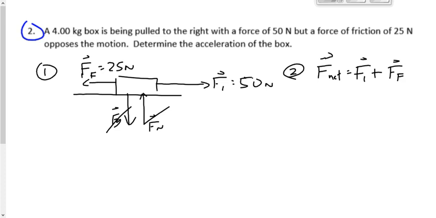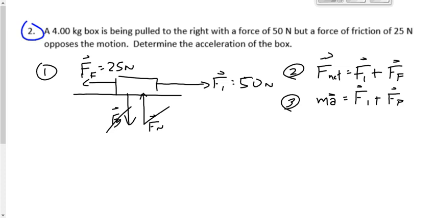But friction is such a specific force that I usually call it FF rather than an F2. It doesn't really matter though. Now step 3, the net force is also equal to what? Mass times acceleration. So let's just replace F net with m times a is equal to F1 plus FF.